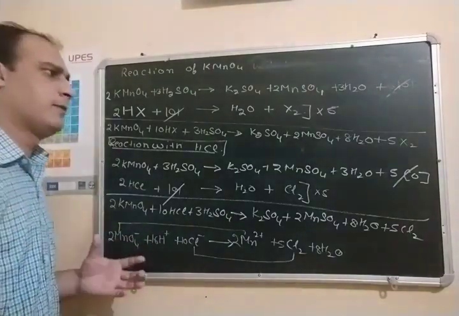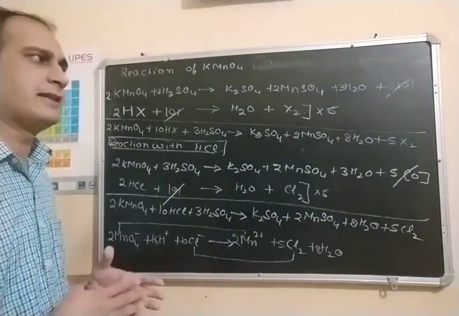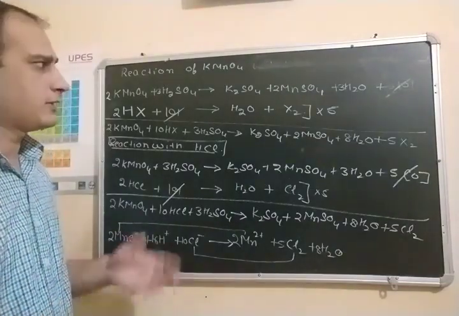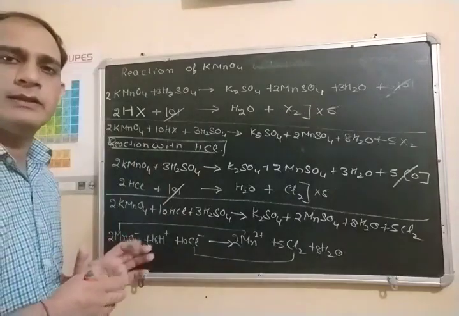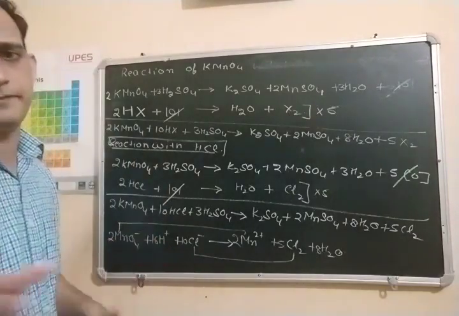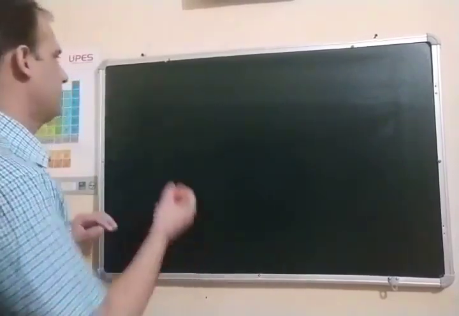Next, the most important reaction, which you will face in the practicals also, is the reaction of acidified KMnO4 with oxalic acid. Students, as far as the first reaction is concerned, it will remain the same.